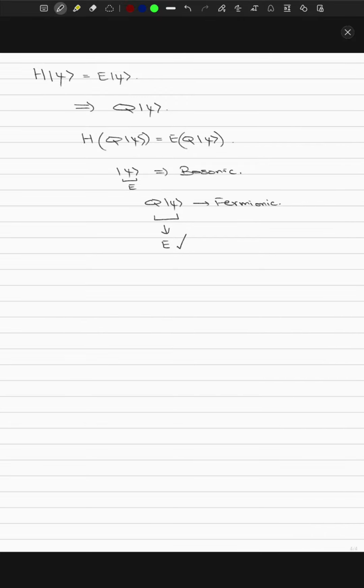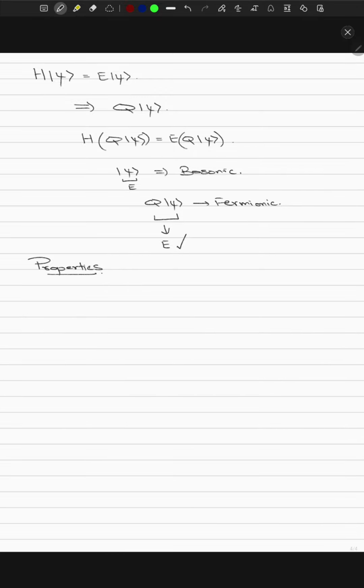Okay, so this is pretty much it for a supersymmetric harmonic oscillator, and we'll see how to solve the Hamiltonian systems in a later video as well. Let's conclude this by listing some of the properties for this SUSY harmonic oscillator.